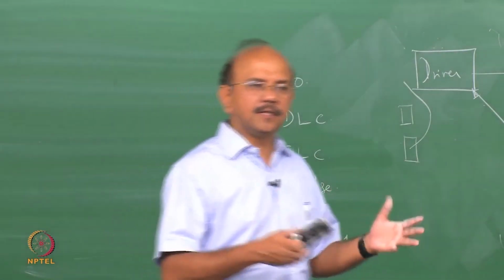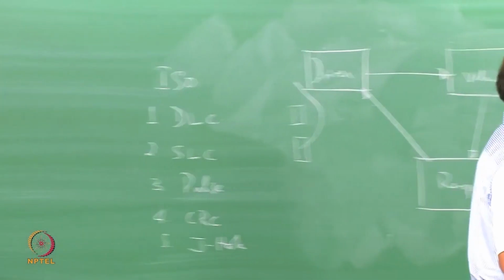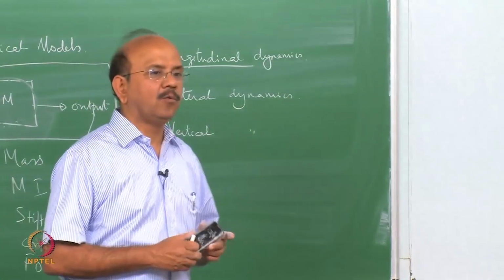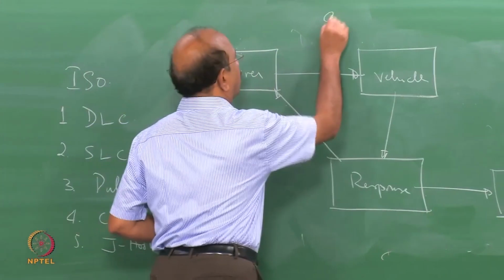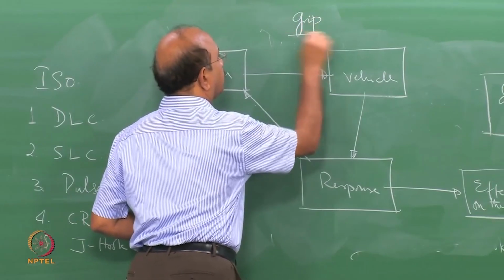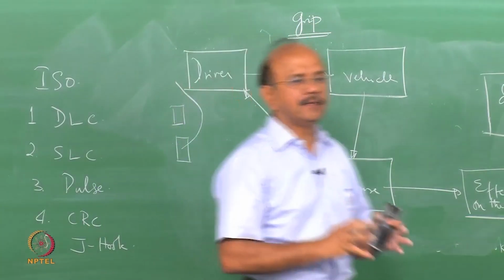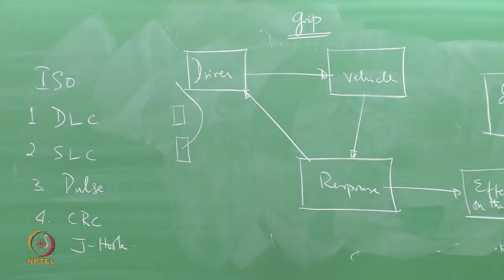When you take a turn also, you should look at what is generally called the grip. So, in all these conditions, I have to talk about the grip of the vehicle or grip of the tire with the road.